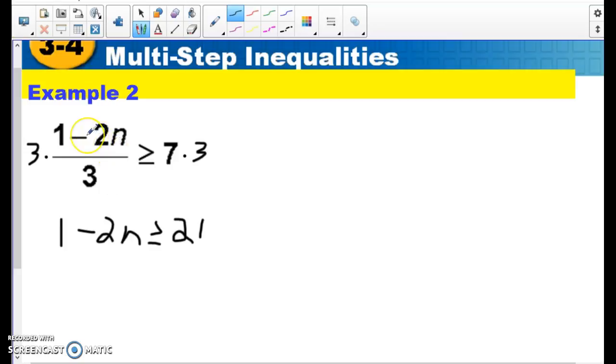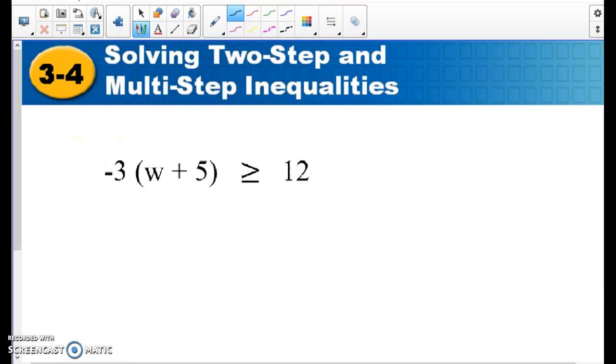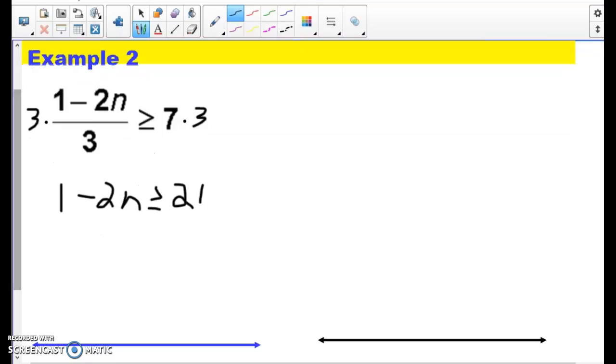This is the one counter example where you would not add or subtract first. All these other ones, add or subtract first after you distribute. This is the one kind of problem when you have that divided by that you're not going to add or subtract first.